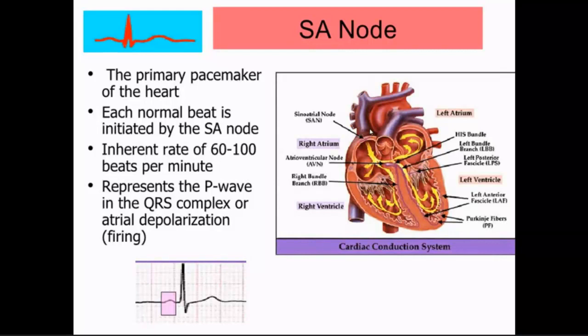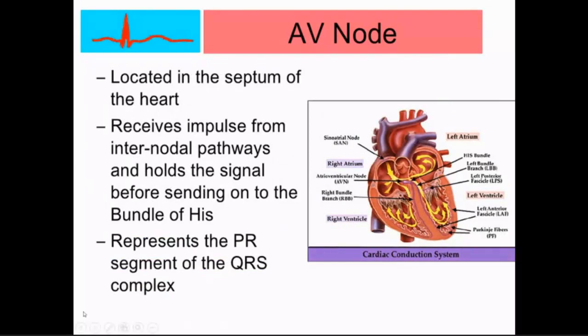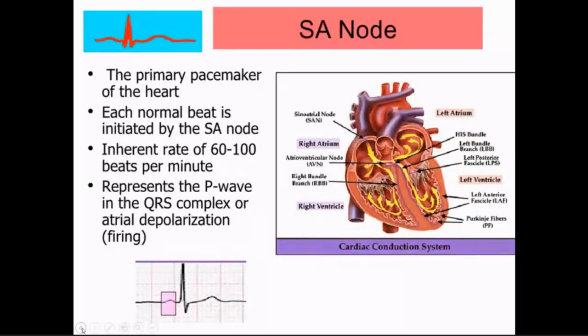So when you see a P wave on the ECG, we say that this patient has a sinus rhythm. Sinus rhythm is initiated from the sinus node. Usually, in the resting and normal state, the SA node fires around 60 to 100 beats per minute.